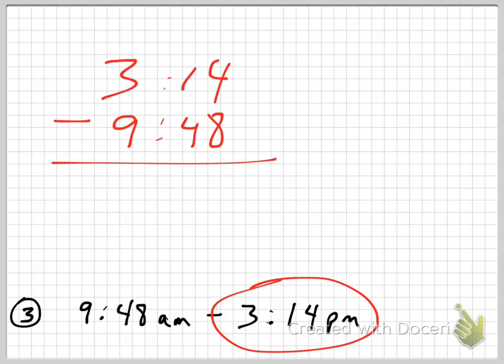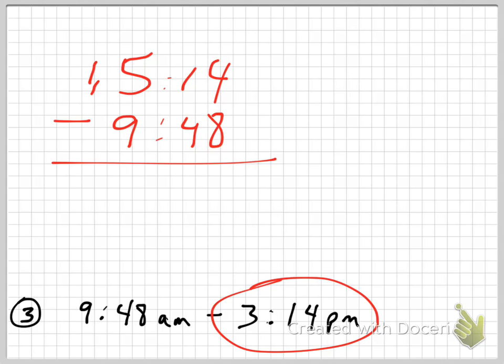So if I want to take 3 o'clock in the afternoon and make it military time, all I have to do is add 12 hours, right? 1 p.m. is 13, 2 p.m. is 14, 3 p.m. is 15. So all I need to do here is instead of having it be 3:14, I would add 12 hours to that and make this be what? Yeah, it's 15, right?